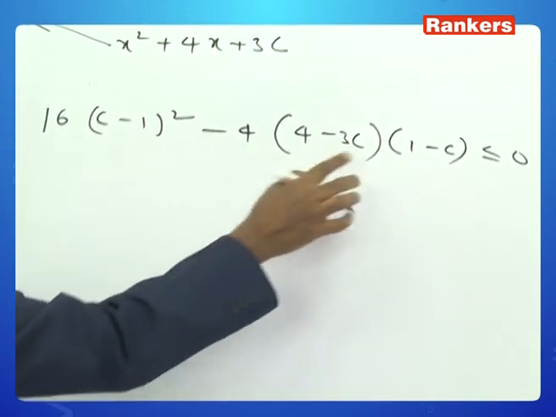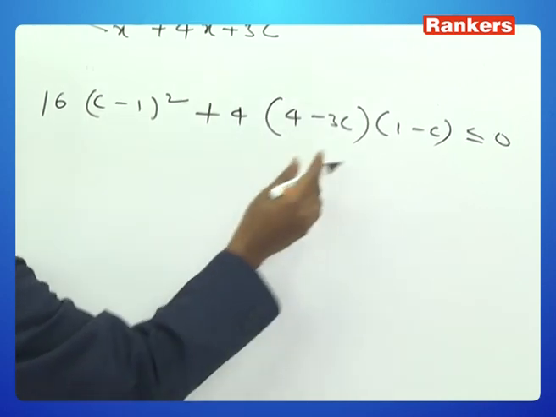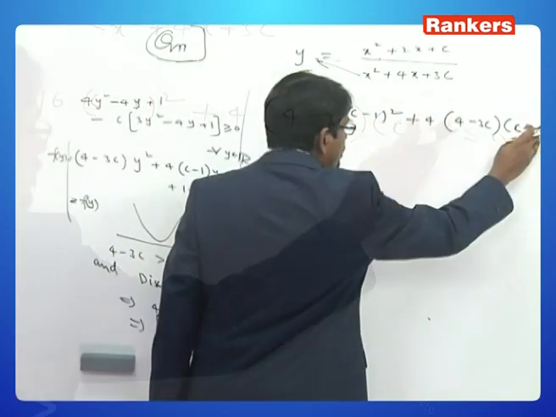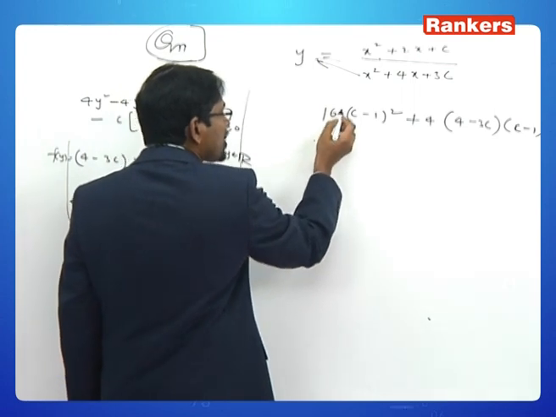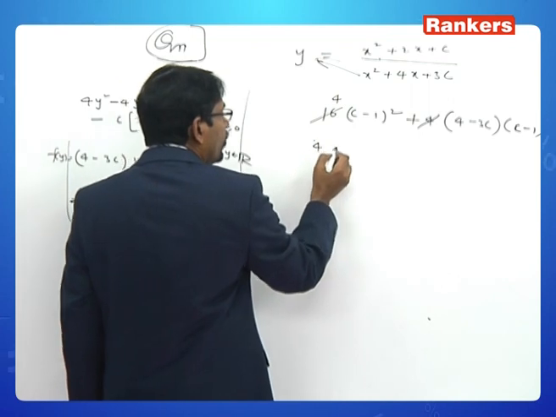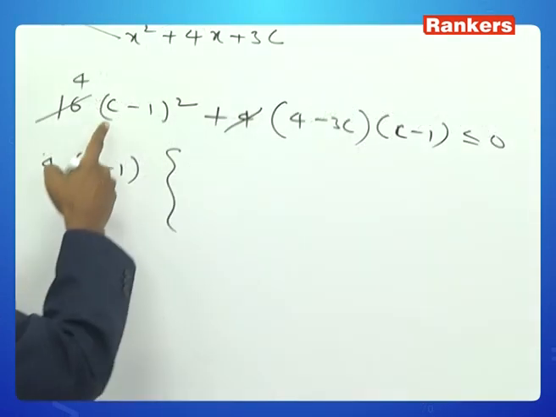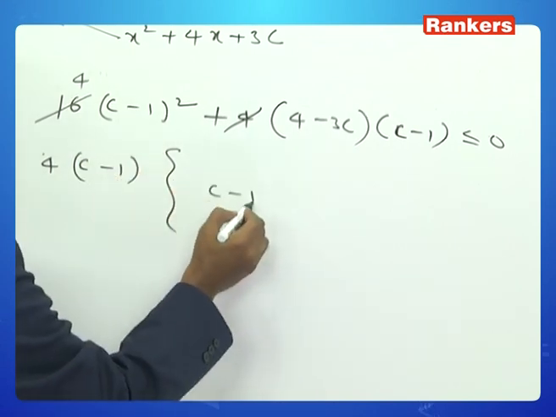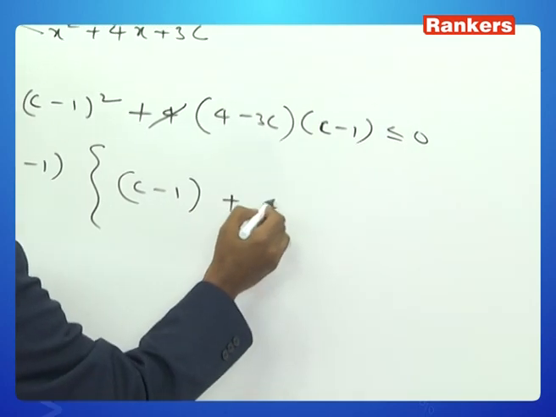Now we will rewrite this with a plus and c minus 1 here, so that I can take out c minus 1 common, and there is a 4 common also, so we'll cancel out that 4. So we have 4 into c minus 1 into, we are left with a c minus 1 factor here, and we have plus 4 minus 3c.